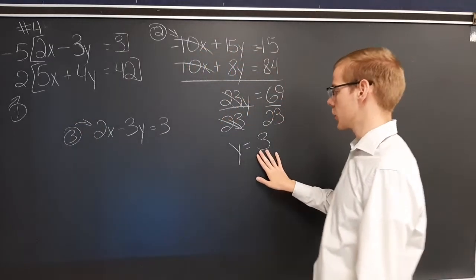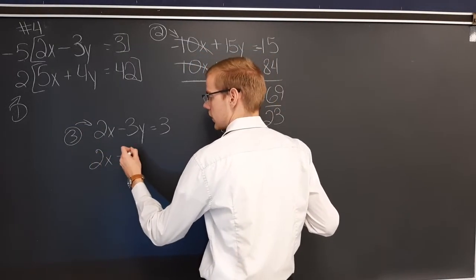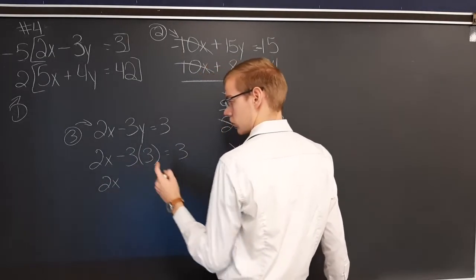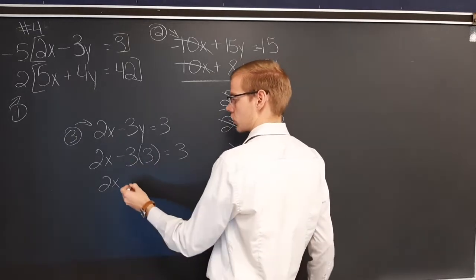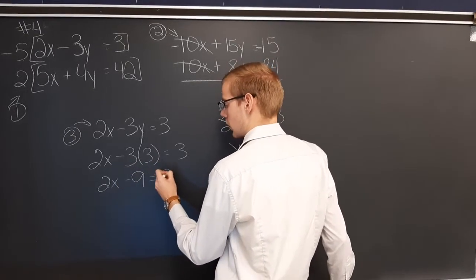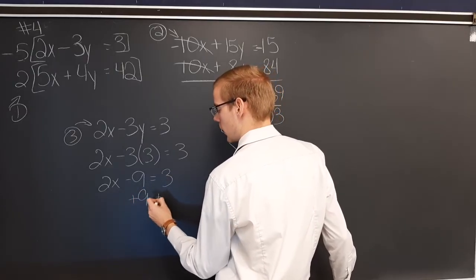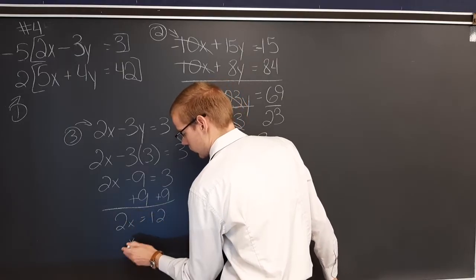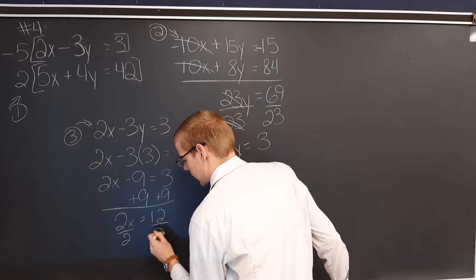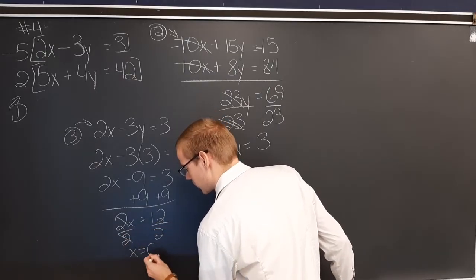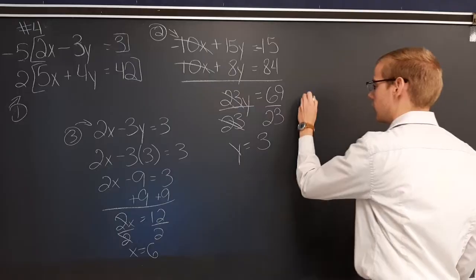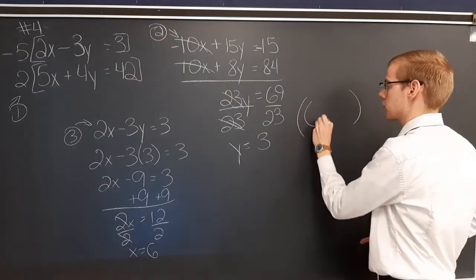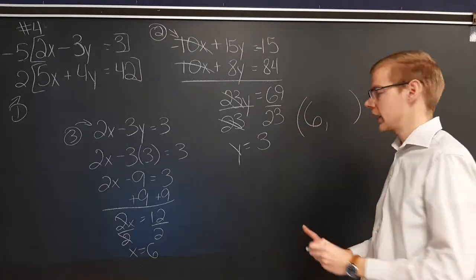Here, y is 3, so 2x minus 3 multiplied by 3 equals 3. Whoa, a lot of 3's. Now, finish it off. -3 times 3 is -9. And 3, solve the equation. I can't skip steps here. X equals 6. So we have our coordinate would be x first, which is 6, and then y, which is 3.